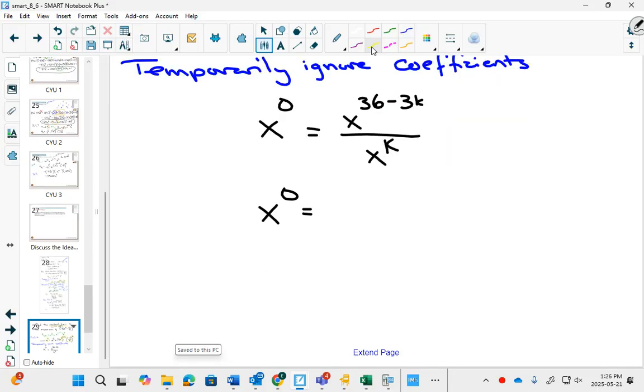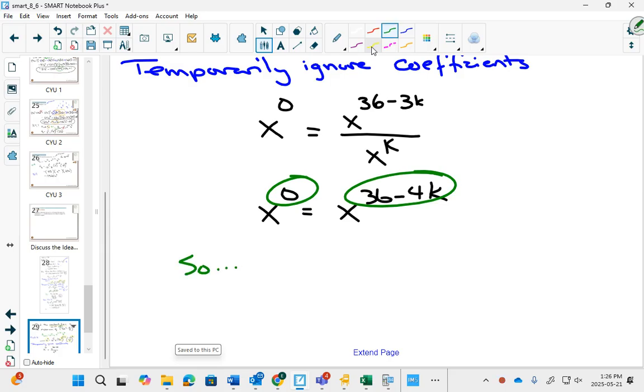X to the 0, if we do our exponent laws, and again, I'll do it algebraically first, once you get a single power on both sides with the same base. So 0 would have to equal 36 minus 4k. That's not hard to get the 4k on the other side.